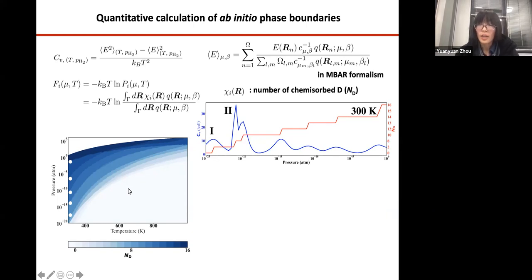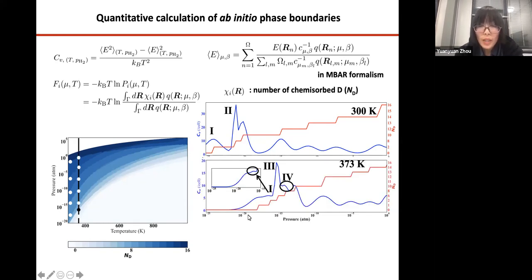With the temperature increase, we can see the heat capacity peaks shift to higher pressure, as expected. The first peak, not noticeable before, is still there. But the second peak splits into two peaks, and together with the red curve, we found that this peak now corresponds to the phase transition from 2 to 6, and this one corresponds to 6 to 8.